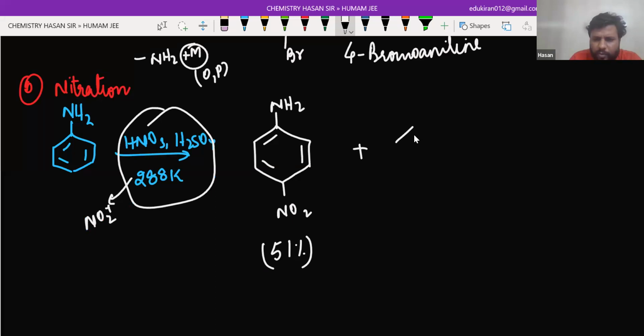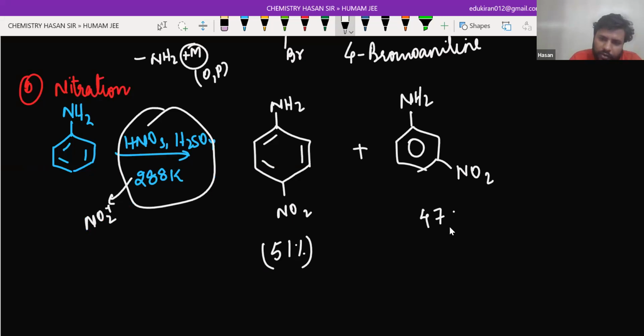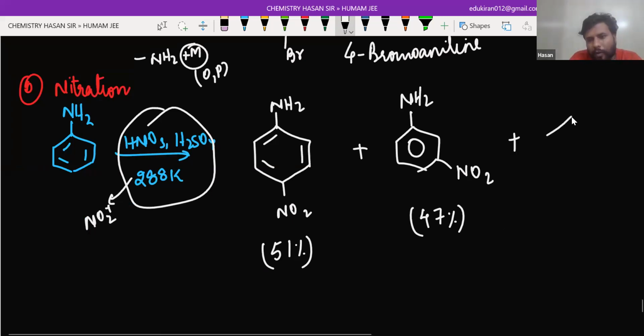That means it is the major product. Then comes your meta as well. This is very important. NO2 will be attacking at meta as well, and it is 47%. And then comes your ortho, and it is only 2%.